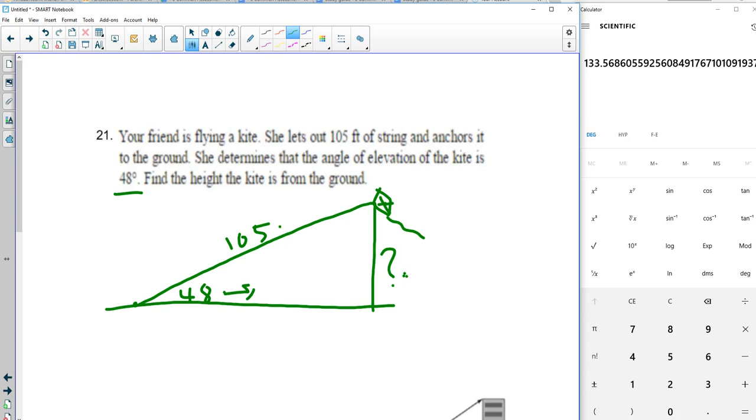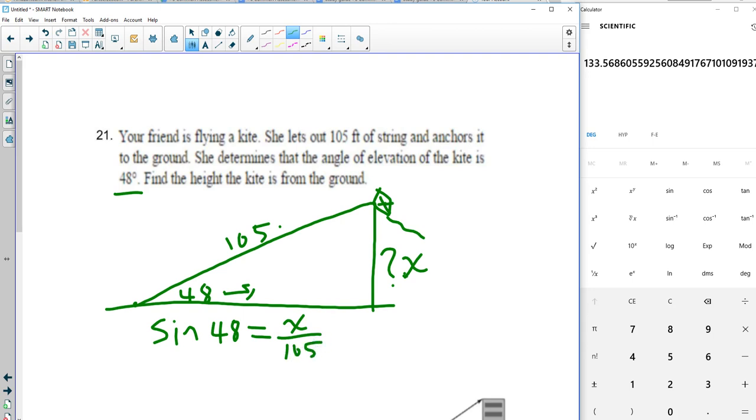This is the hypotenuse, so the only function that we can use is sine. So sine of 48 degrees is equal to opposite, let's call that x, over hypotenuse, which is 105.